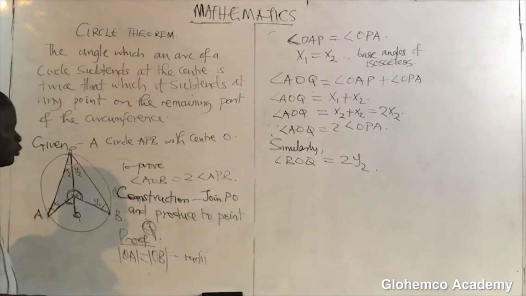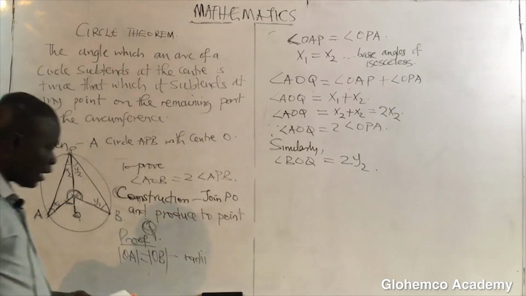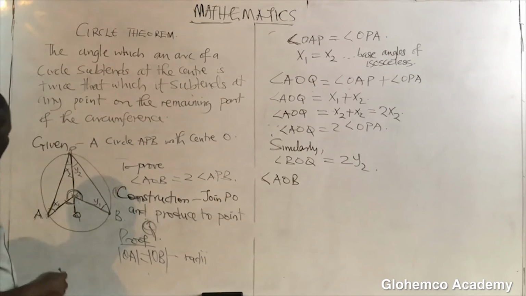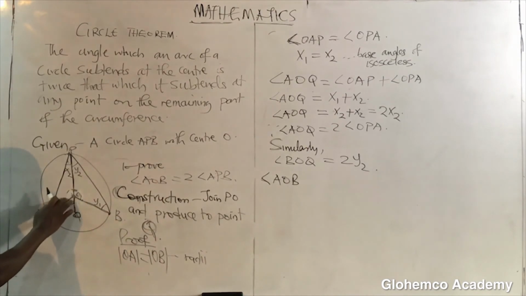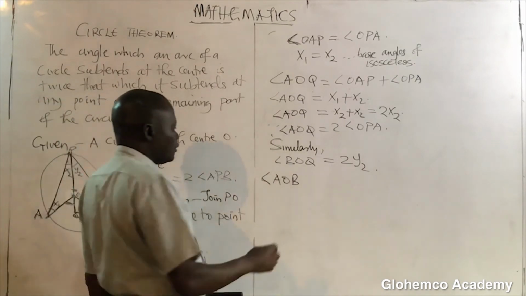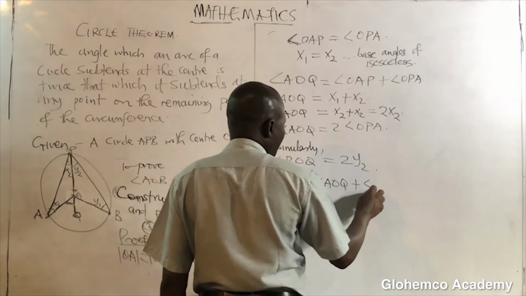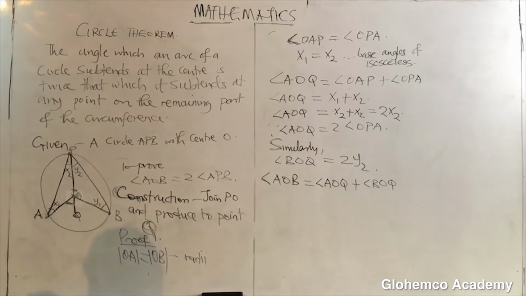When we have AOQ and BOQ, then we can say that angle AOB, we are talking of this angle now, will be angle AOQ plus angle BOQ.